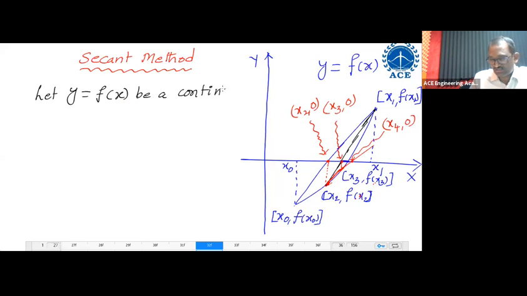Let y is equal to f of x be a continuous function defined on the closed interval x0, x1.